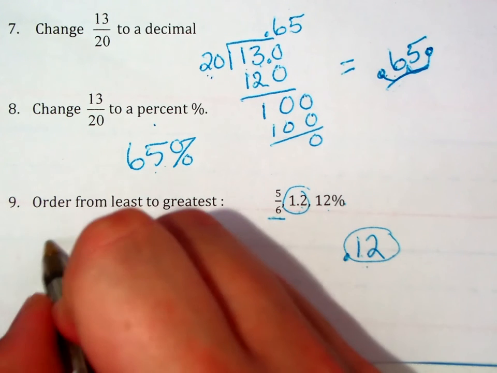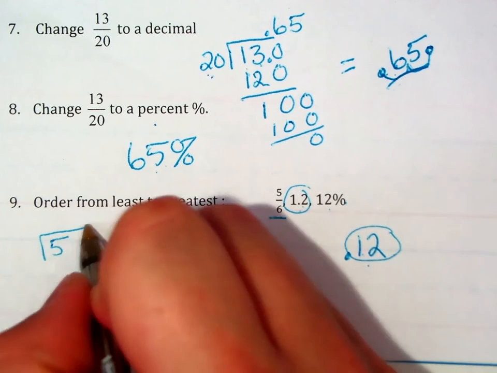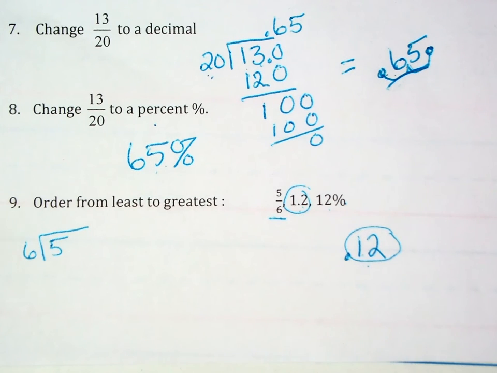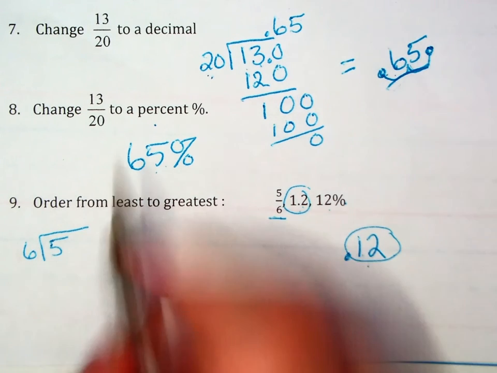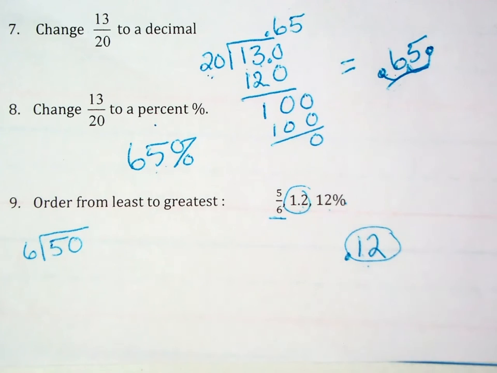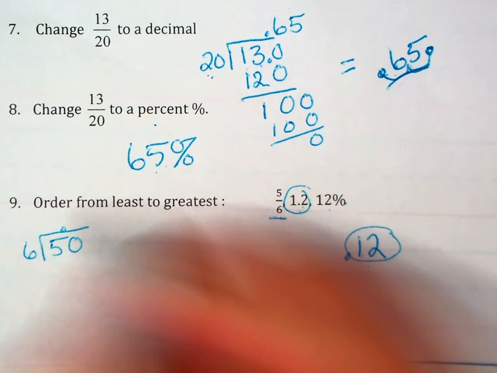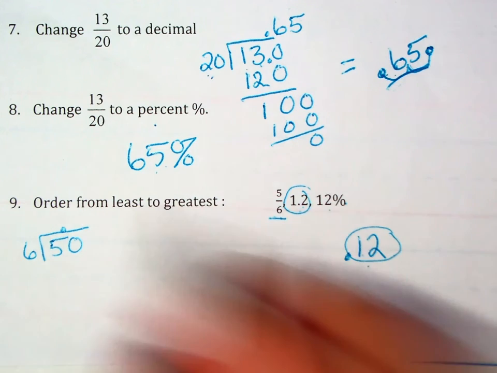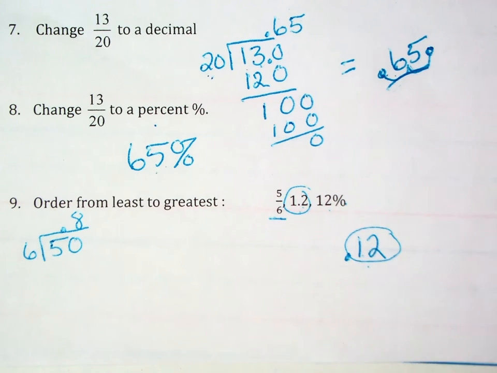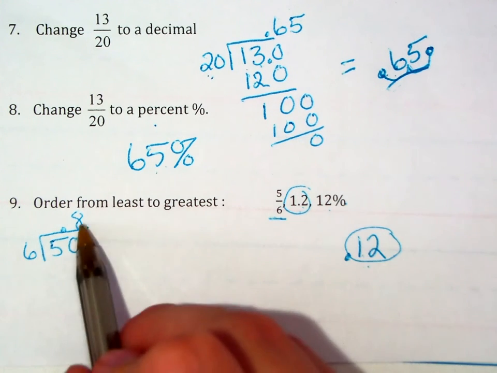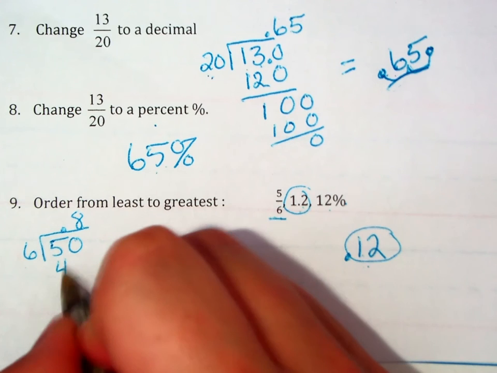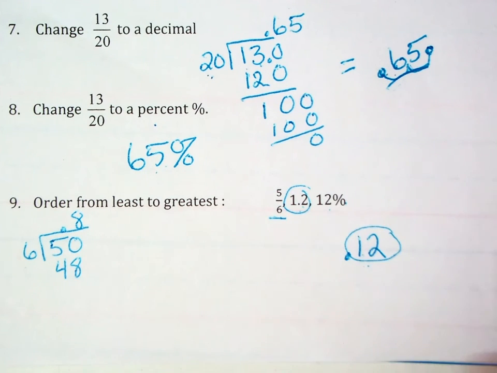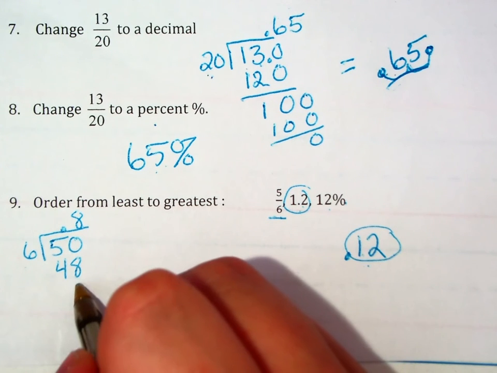I could do that the same way we did number 7, where we divided 13 by 20. I can divide 5 by 6, and it will not go into 5 evenly. So I'm going to get a decimal answer. If I take 8 times 6, that will give me 48 with a remainder of 2.